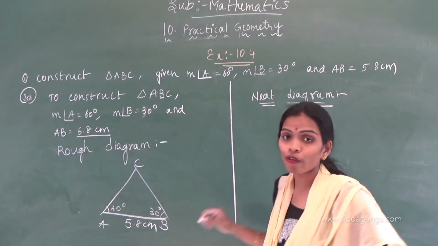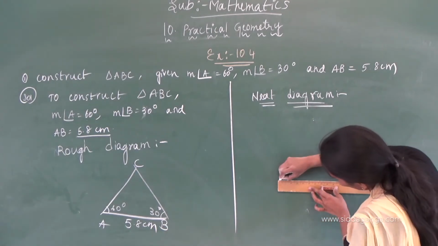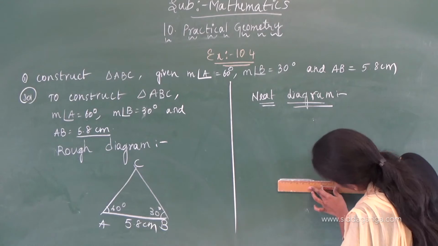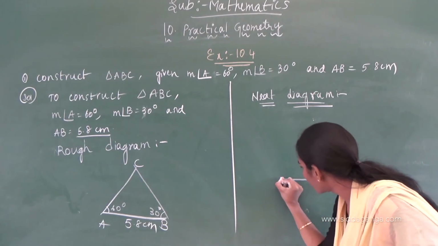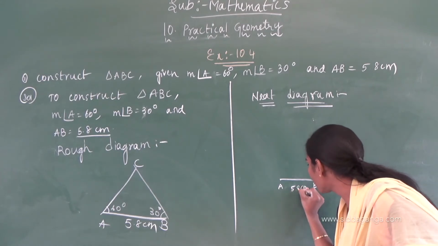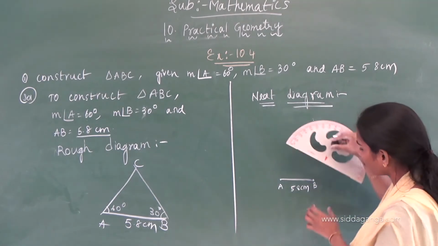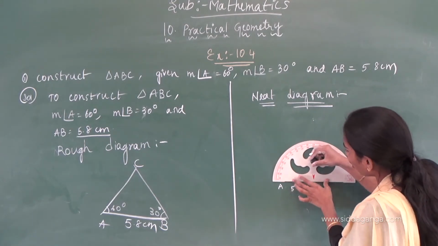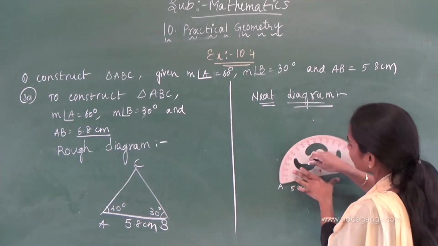Now the base we are taking, AB, as 5.8 centimeters. And then from B we have to take 30 degrees of angle.